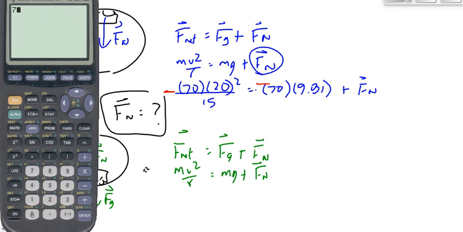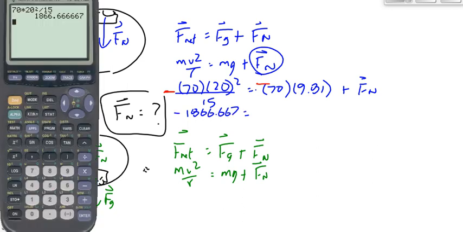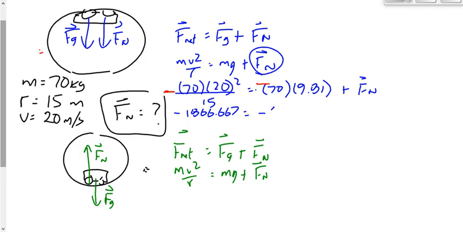Say 70 times 20 squared divided by 15 gives me a value of 1866.66, negative, equals 70 times 9.81 gives me a value of 686.7.